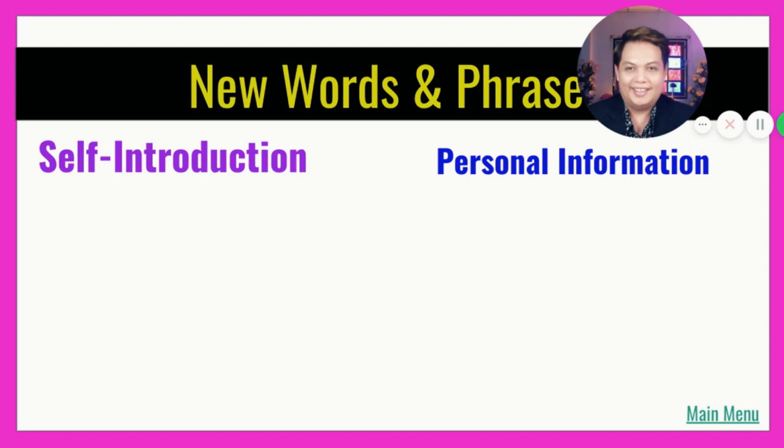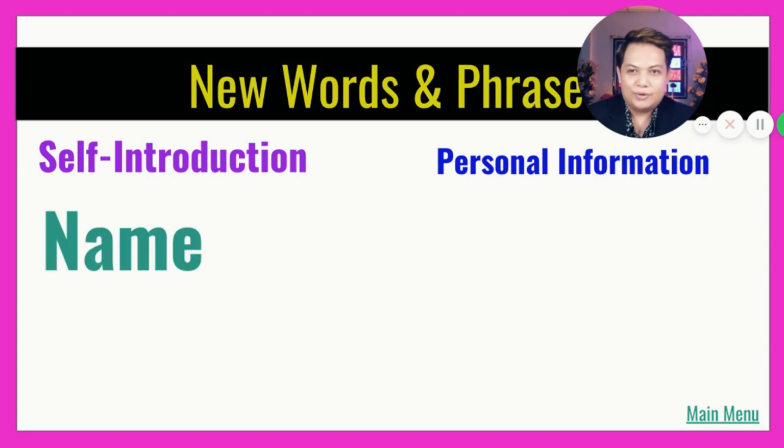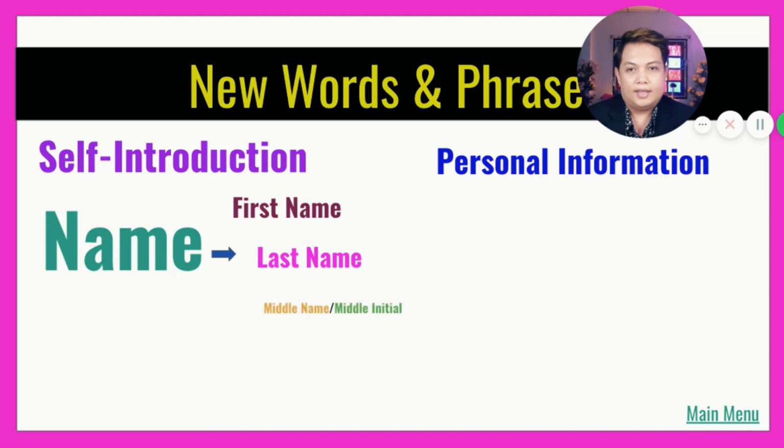Thank you. All right, for self-introduction, the information that you need to tell the person who is asking you is this. Firstly, we have the name, which is composed of the first name, the last name, and also the middle name or the middle initial.